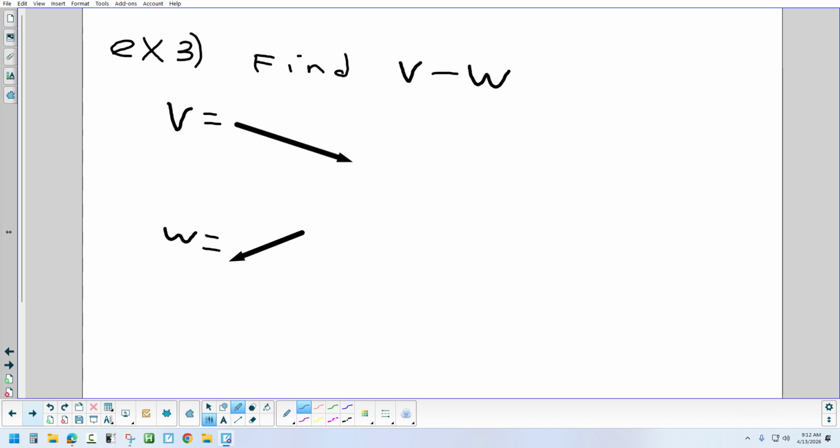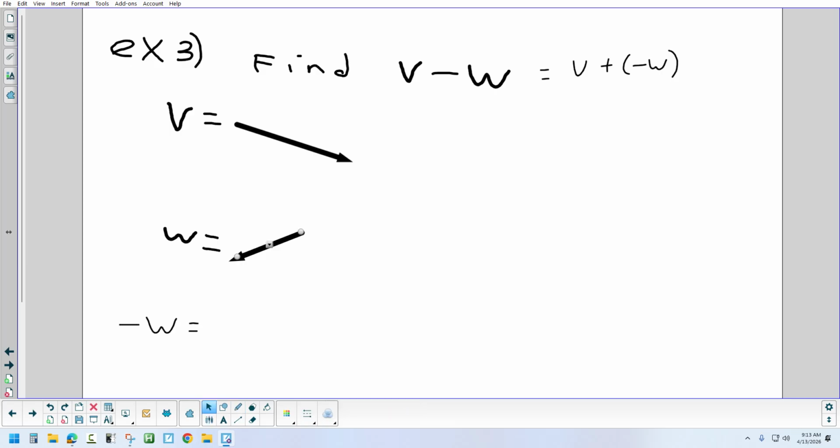Okay, so they want us to do V minus W. First thing is we're going to rethink how to do V minus W in a way that works with the method of doing it visually. So instead of V minus W, what are we going to have? Yep. V plus negative W.